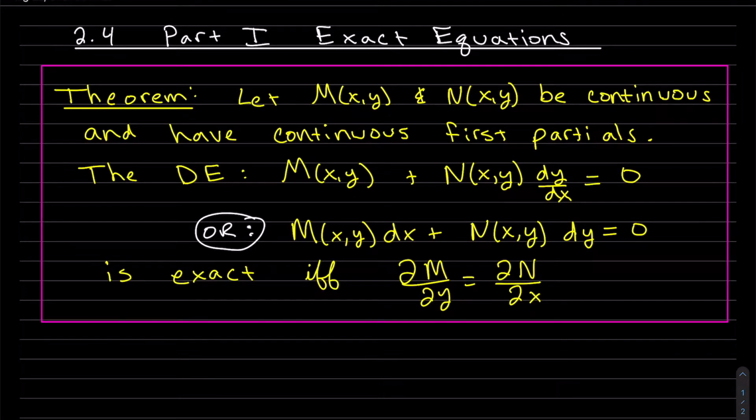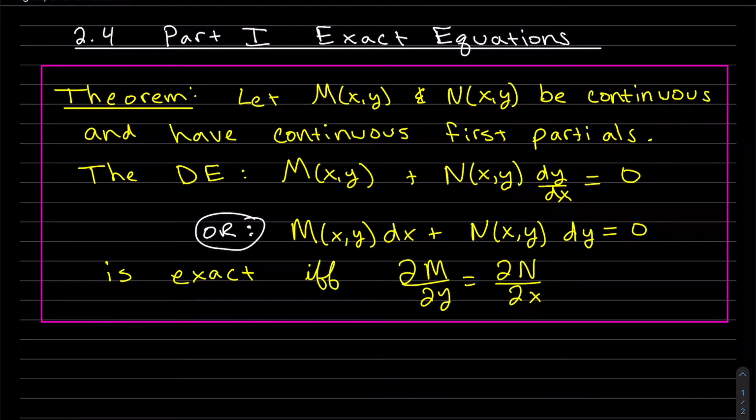Okay, so this is the first part of this section, and we're going to talk about exact equations. The first theorem is we have two functions, M and N, both in terms of x and y, and they're continuous, and they have continuous first partials.